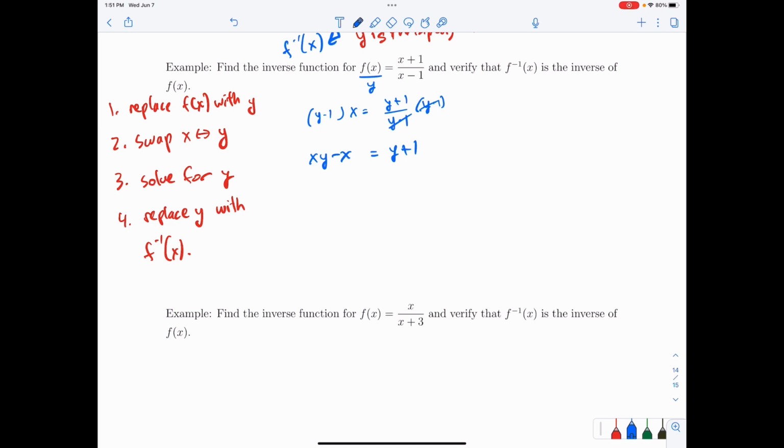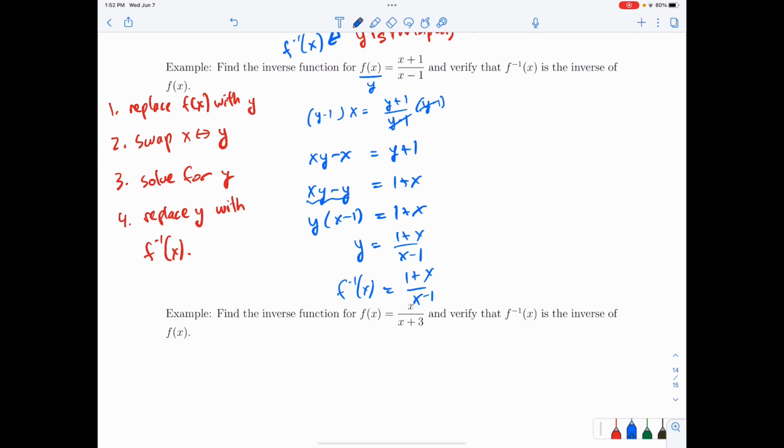Let's collect all the y's on the same side and the x's on the other side. On the left-hand side, I need to factor out a y and then divide by x minus 1. So I get y is equal to 1 plus x over x minus 1. Then swapping out the y with the inverse notation, I get 1 plus x over x minus 1 as the inverse.